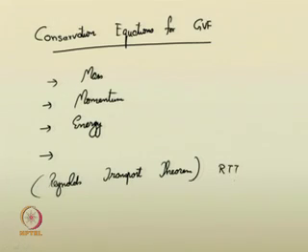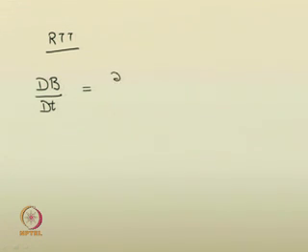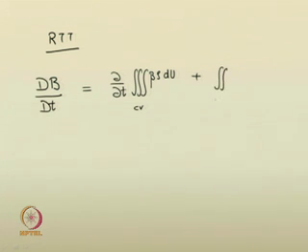The RTT suggests that the material derivative of any extensive property B, where I am denoting the material derivative as capital D by Dt, is nothing but the time rate of change of that property stored inside the control volume plus the net outflow of that extensive property across the control surfaces.